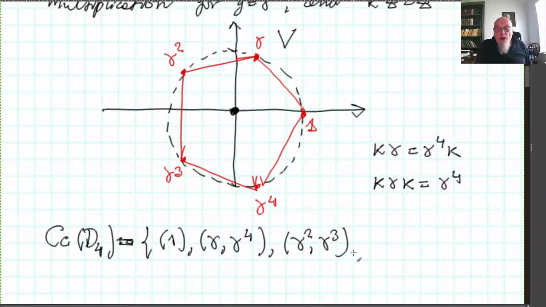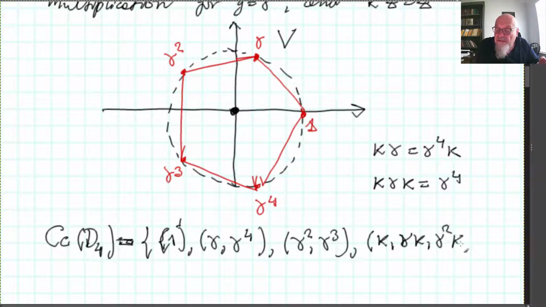So those are the conjugacy classes: first the trivial rotation, second gamma, third gamma squared, and then of course you have the reflections. So the conjugacy class here, maybe I should use different brackets. Okay, I just keep it like it is. Kappa, gamma kappa, gamma squared kappa, gamma 3 kappa, and gamma 4 kappa.